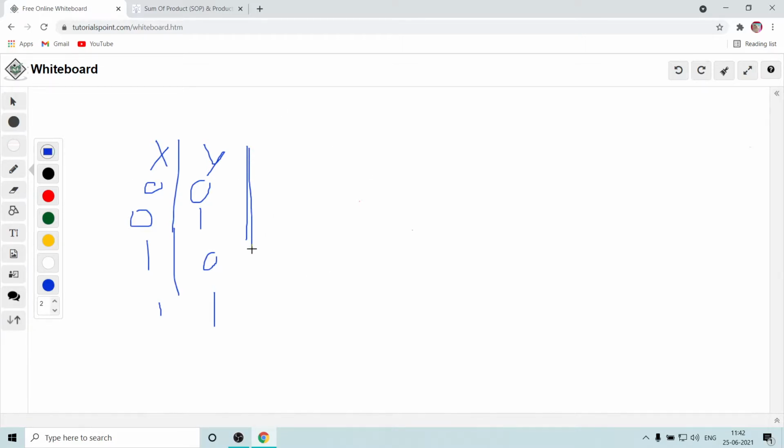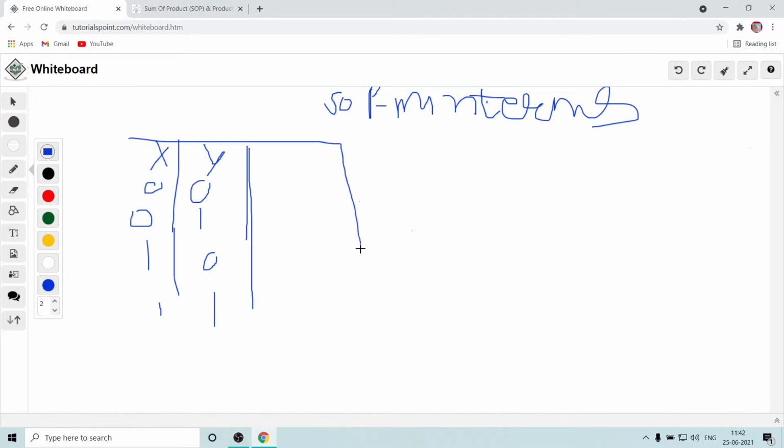So remember in SOP, the sum of product form, we are using the min terms. This is the total min terms in SOP. When we do the summation of these min terms, suppose this is my first min term M0.